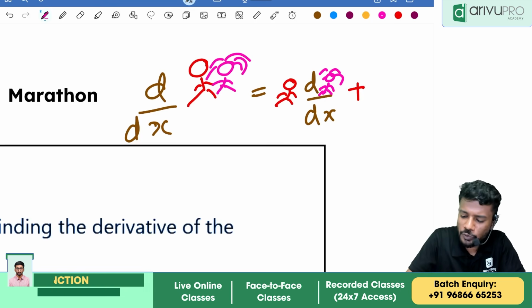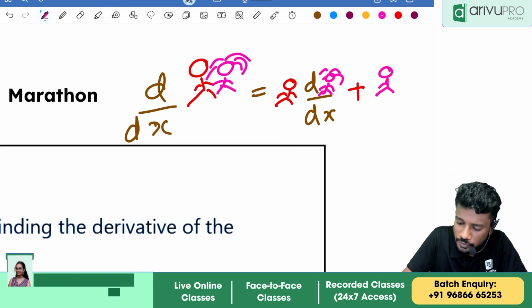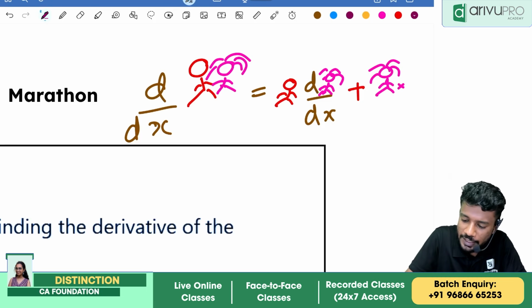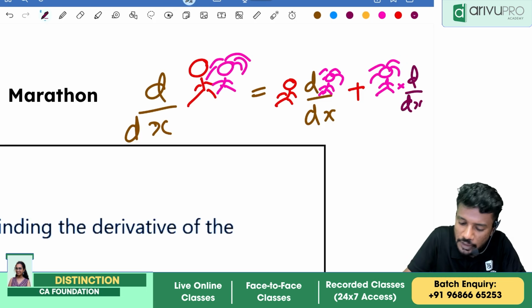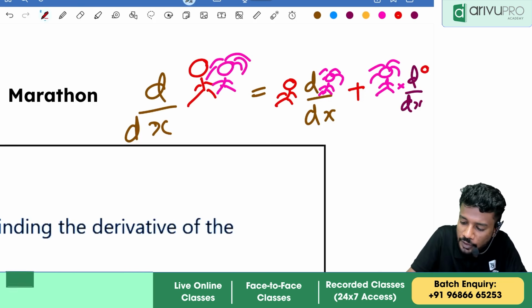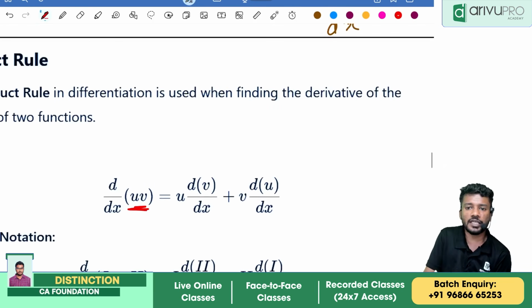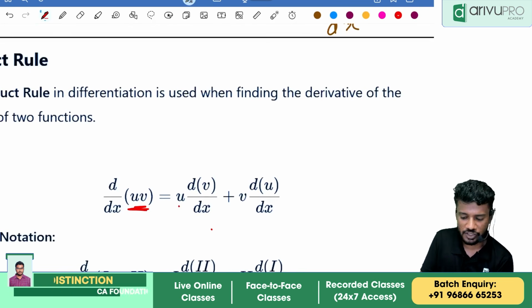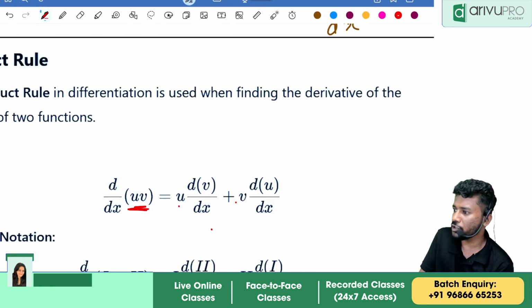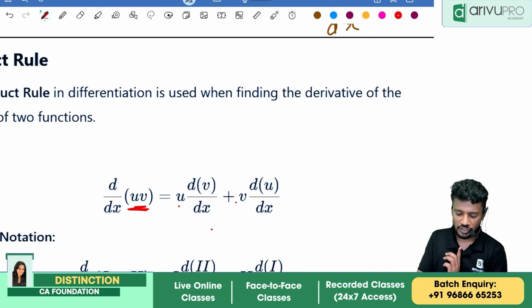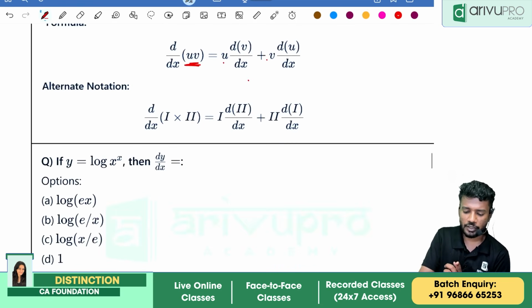Plus the second function into derivative of the red boy. What do you mean by this? If we are having two functions u and v, it is nothing but first function into derivative of second function plus second function into derivative of first function. Now that is written over here.